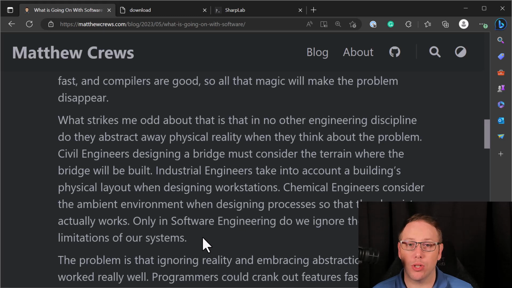Same thing with industrial engineers. An industrial engineer is someone who classically lays out a facility and puts workstations in different areas and designs that workstation so that human beings can be very efficient as they operate inside of there. And an industrial engineer needs to take the physical layout of the building into account. And chemical engineers, when they design a chemical manufacturing process, they have to be aware of the ambient environment so that their chemistry can run successfully.